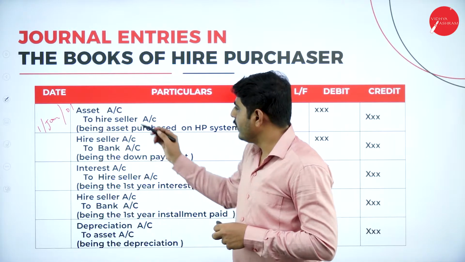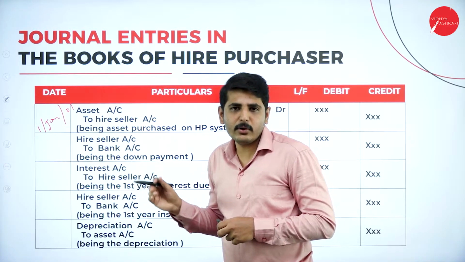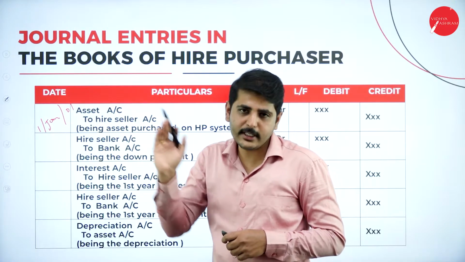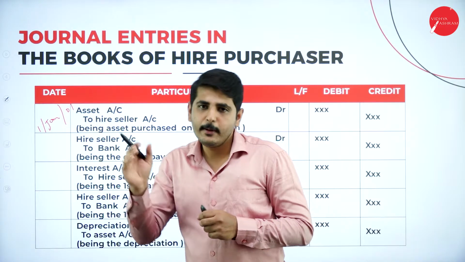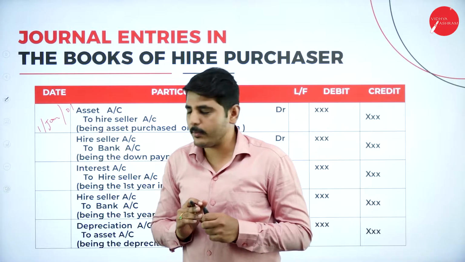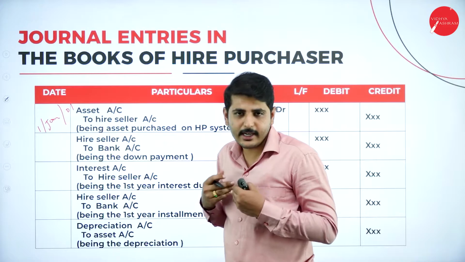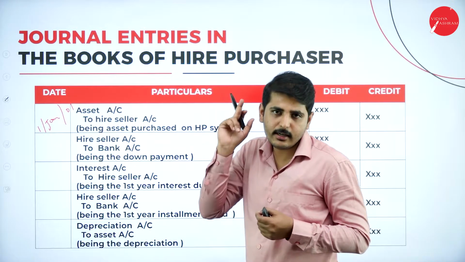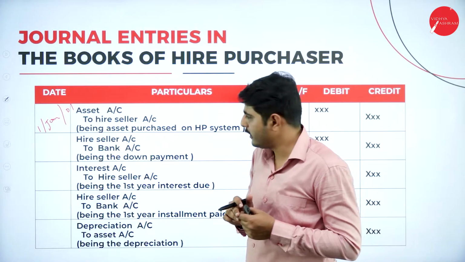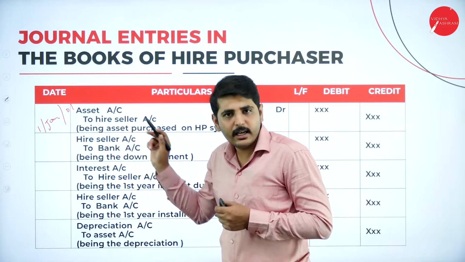While purchasing an asset, I will go to Tata showroom or Bajaj showroom and purchase a motorbike. When I purchase the motorbike, I have to give a journal entry. I am the hire purchaser. Who is the hire seller? Tata showroom is the hire seller. What is the asset? Motorbike is the asset.